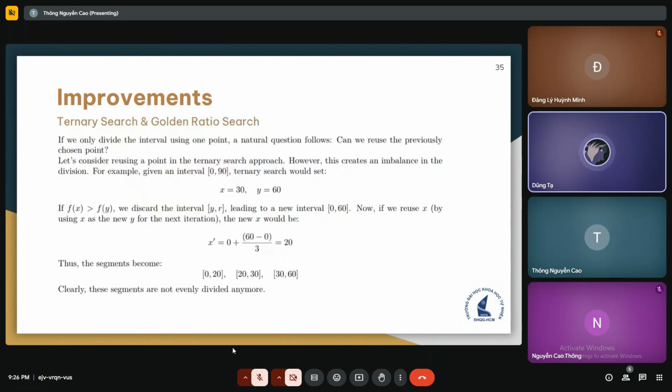Now, observation two. Can we reduce the number of times we evaluate the function f(x)? It leads to the natural idea of reusing a previously computed point. For example, we can reuse f(mid1) or f(mid2) from the previous iteration instead of recalculating both.